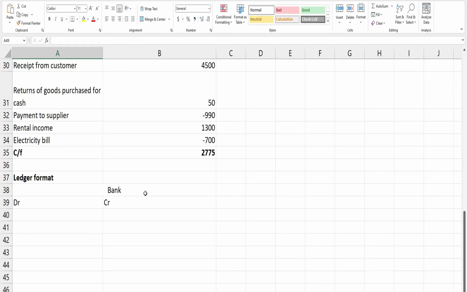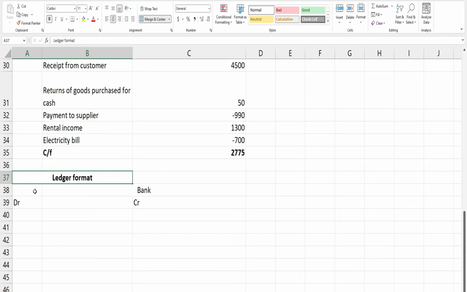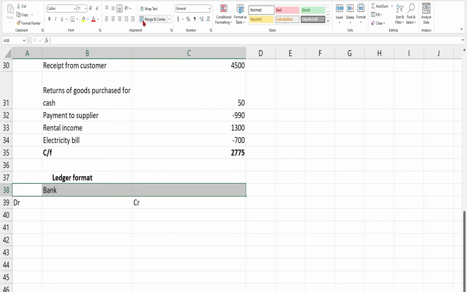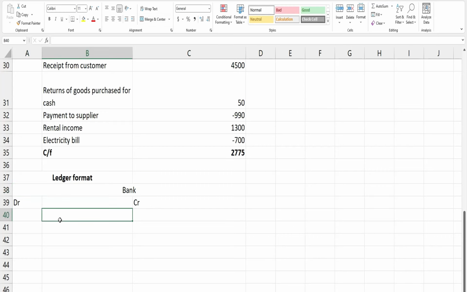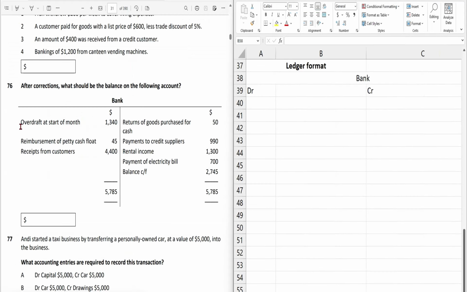One more thing I am missing out is the overdraft balance.